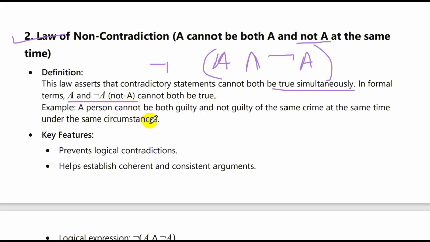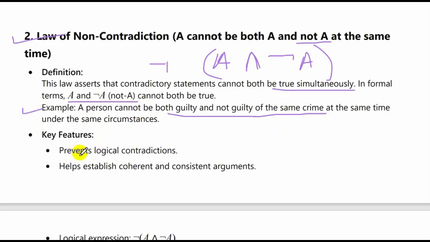Example, a person cannot be both guilty and not guilty. This is one of the good examples that we can give in the exams. One person cannot be guilty as well as not guilty of the same crime at the same time under the same circumstances. So it's a very good example to give.